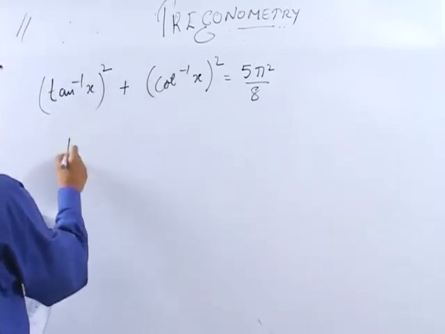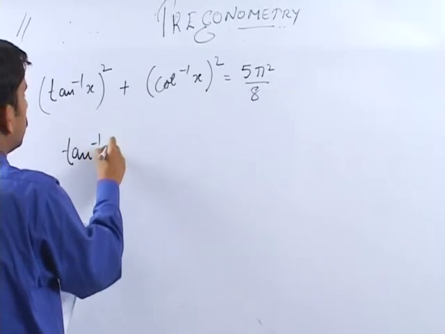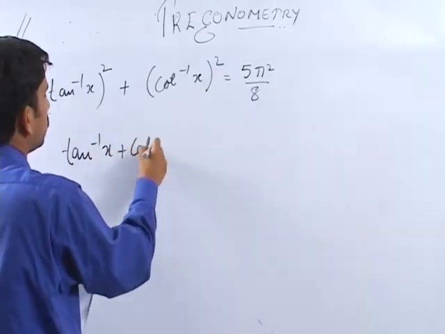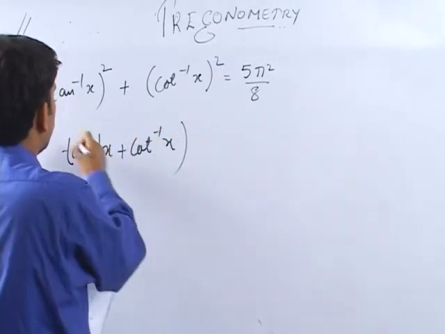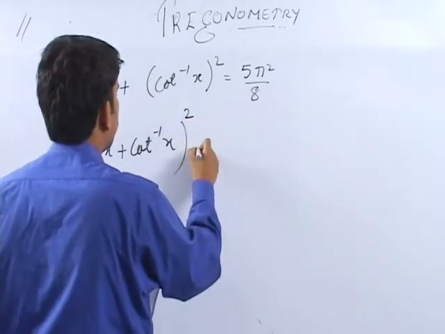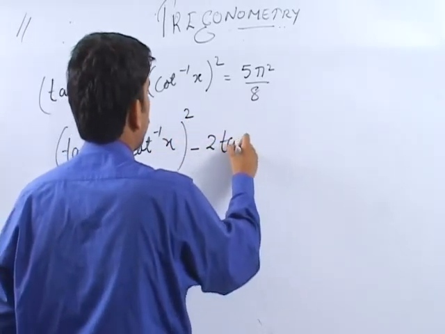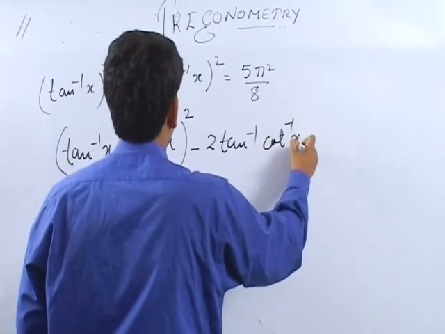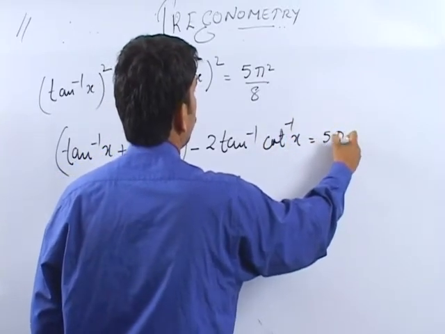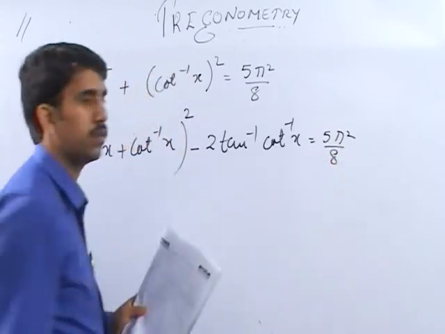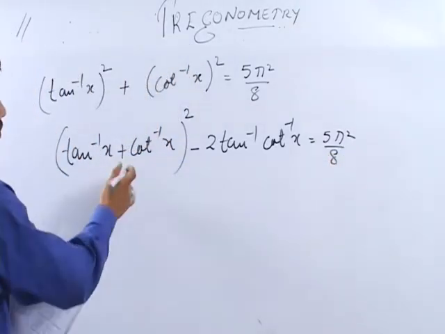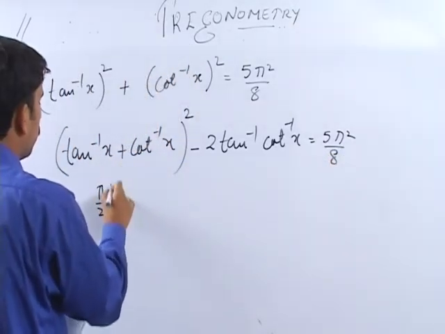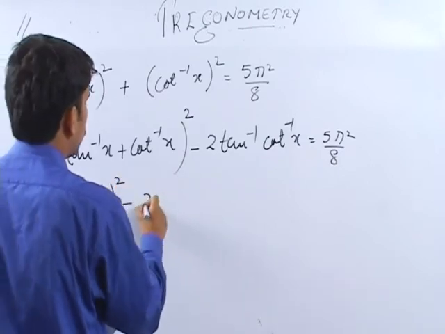Now let's take tan inverse x plus cot inverse x the whole square minus 2 tan inverse x cot inverse x. This is equal to 5 pi squared by 8. Now this is equal to pi by 2. So you will get pi by 2 the whole square minus 2 tan inverse x.